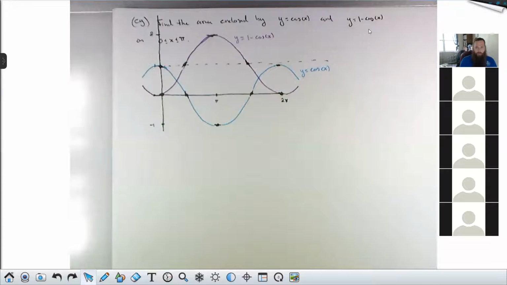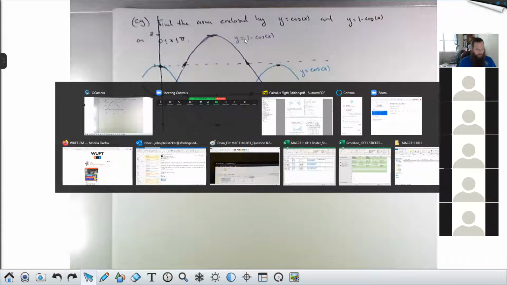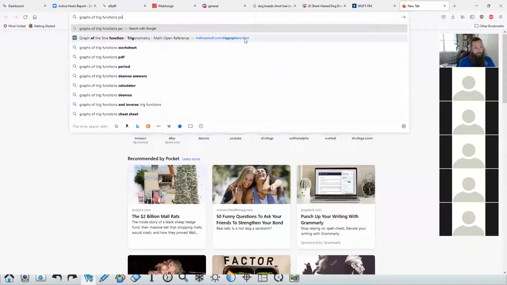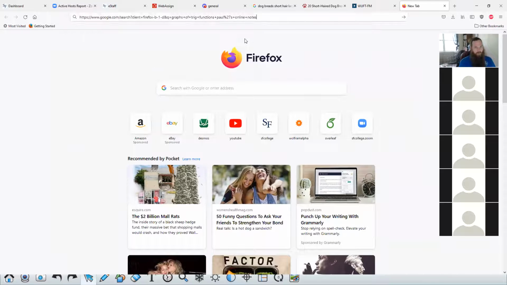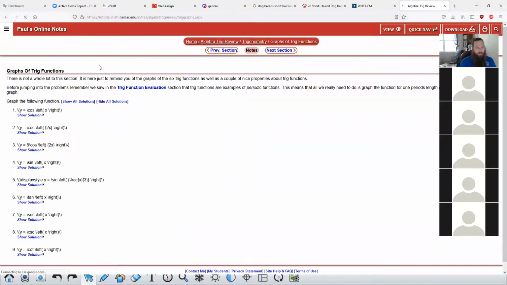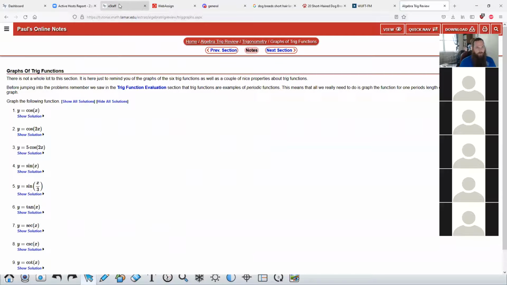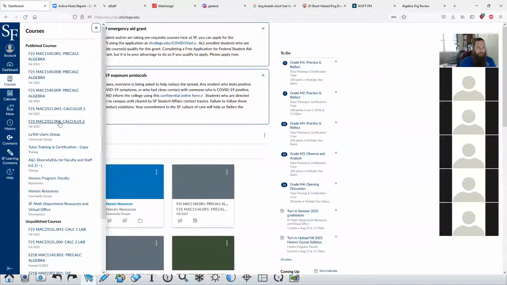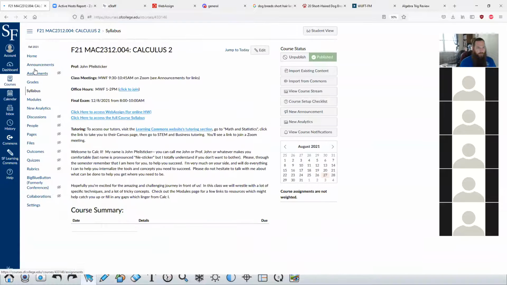Now, if you had a hard time following what I did there to get those graphs, specifically the graph of 1 minus cos x, I want to strongly encourage you to check out Paul's online notes, graphs of trig functions. It's in the algebra review. If you go to the modules in our class, go to the review material modules.